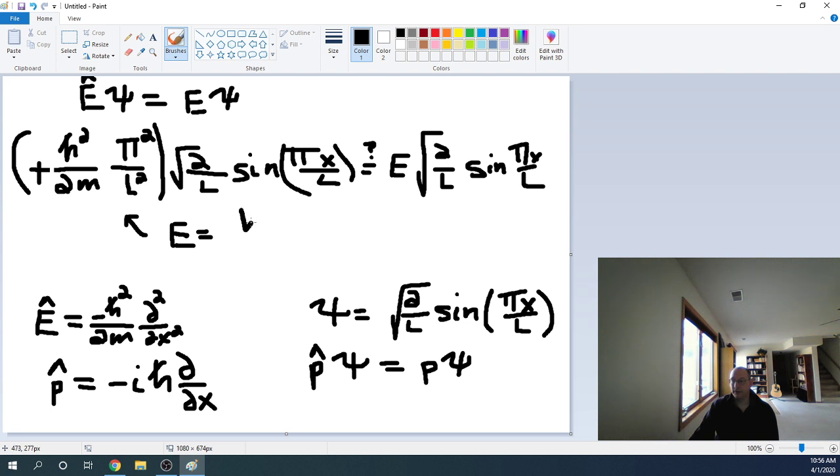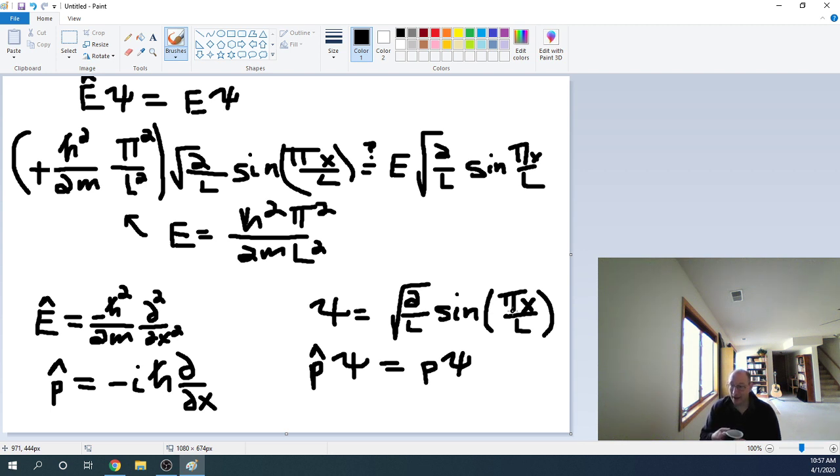E is equal to h bar squared pi squared over 2m L squared, which, if you look back at the energies for the particle in the box, is the energy associated with n equals 1. That's no coincidence. This is the wave function that corresponds to n equals 1 for the particle in the box as well.